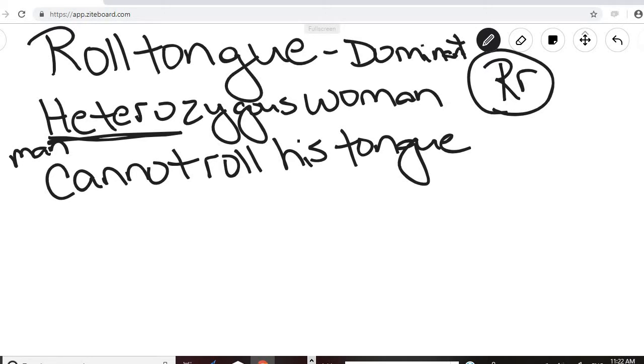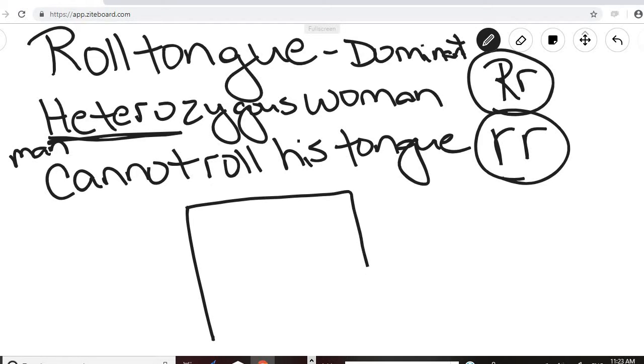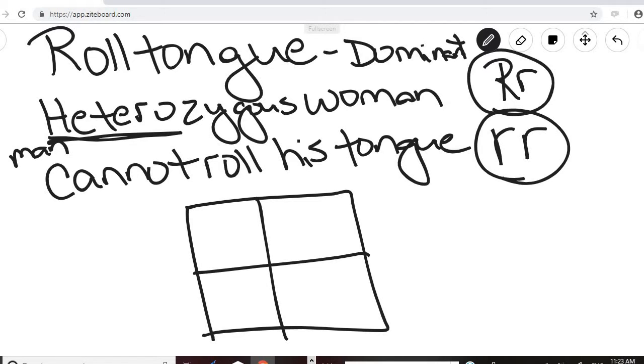And if he cannot roll his tongue, that's the recessive trait. The only genotype he could have and not be able to roll his tongue would be that. These two are going to have children, and we're going to see the probability of their children being able to roll their tongue.